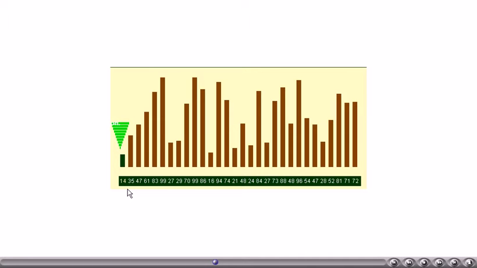You can see the smallest element came to the beginning of the array after first iteration.